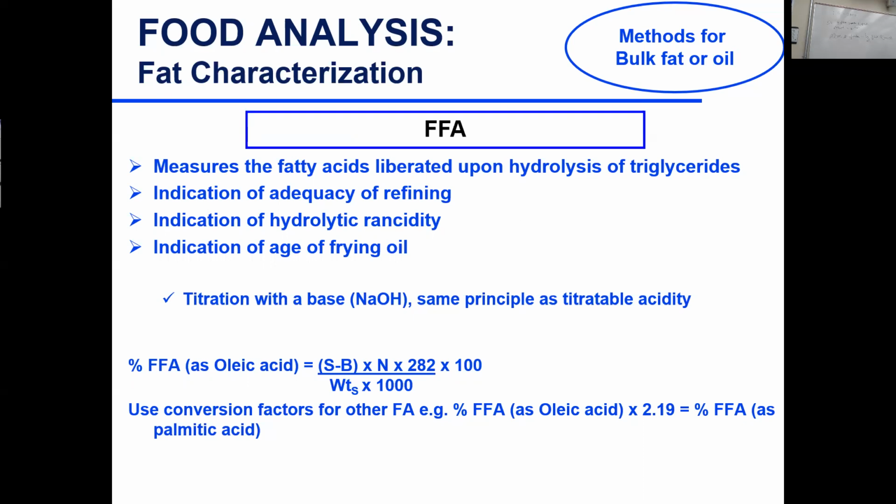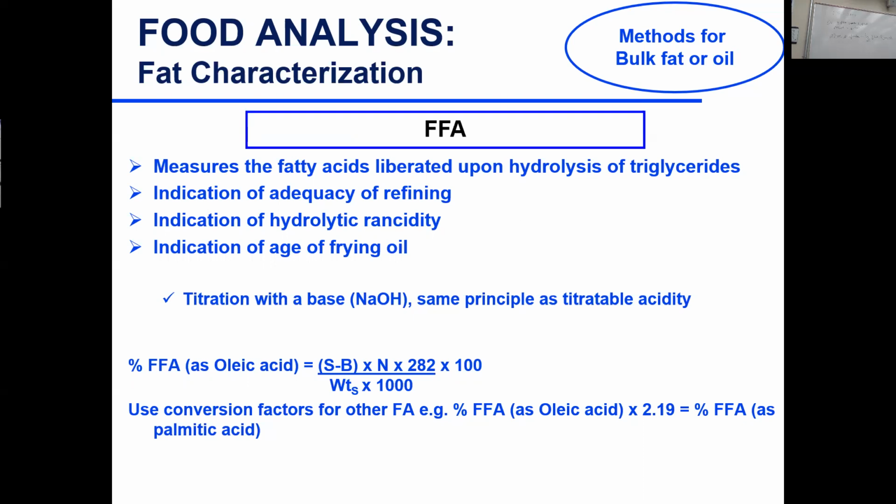You titrate with 0.1 normal NaOH, so you have the normality of NaOH. In this case, it's sample minus blank. So you run a blank. If the blank does not have free fatty acid, you will have very close to 0, to correct for any potential acids that might come from different sources. And then the sample would need more volume of NaOH, obviously, to neutralize the acid.